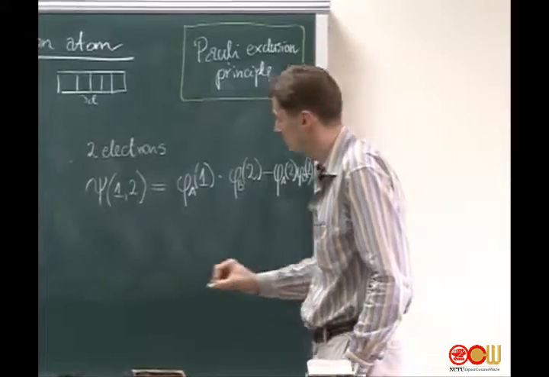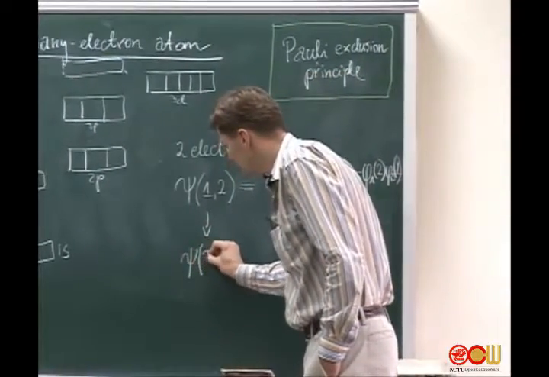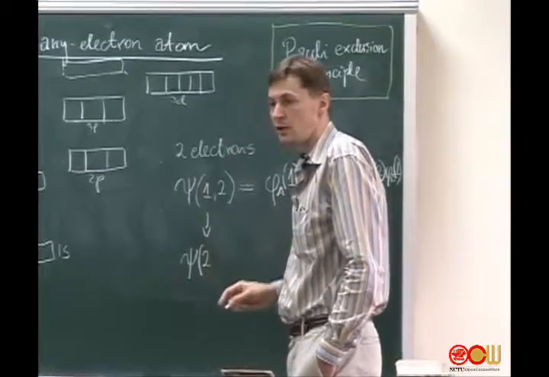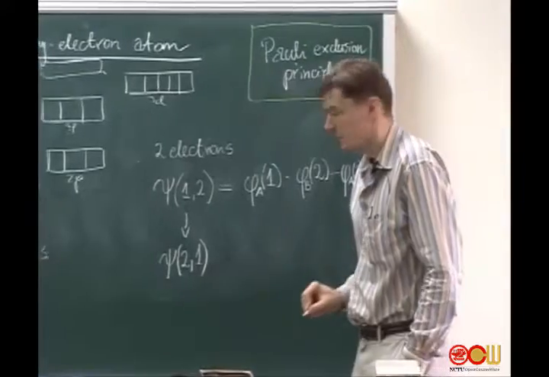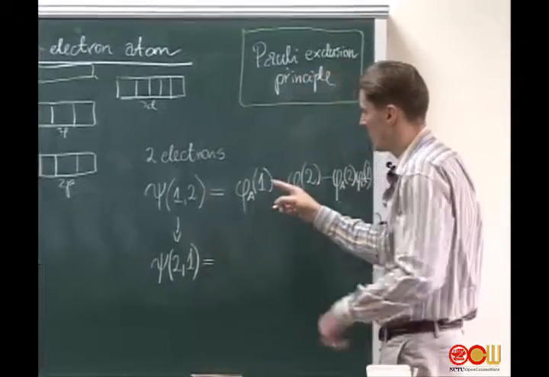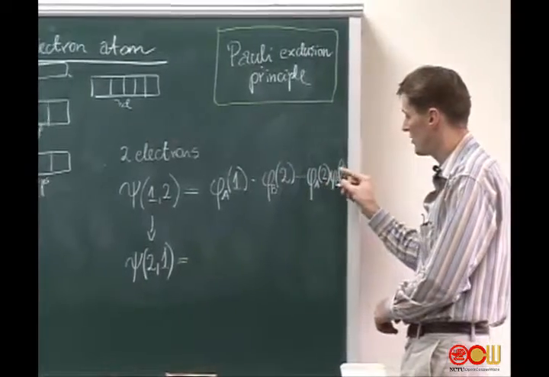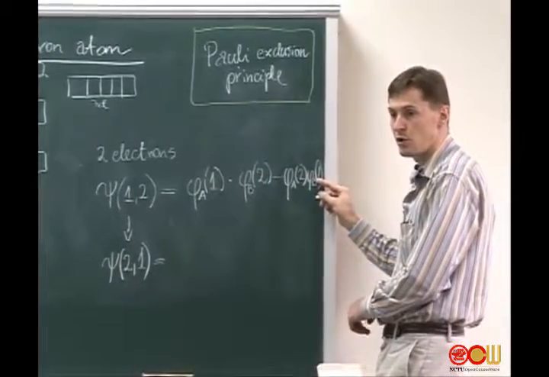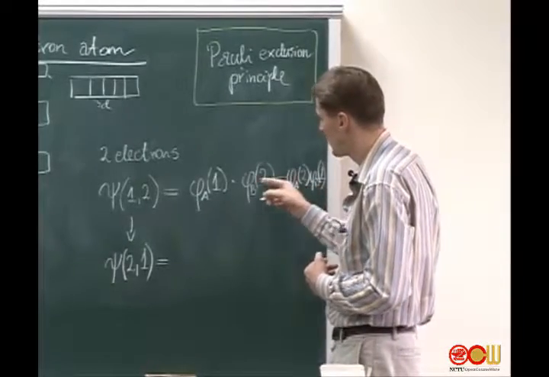What happens if I change the numbering of the electrons? If I change the first one, I call it 2, and the second one I call 1. Then you see that this one becomes 2, this one becomes 1, this one becomes 1, this one becomes 2. This would be exactly the same as this one, except that this minus will be now here.